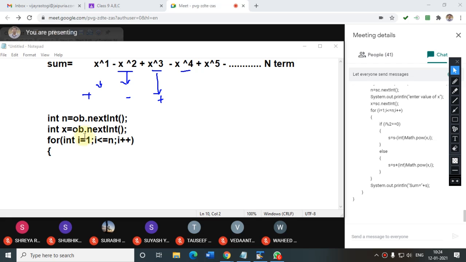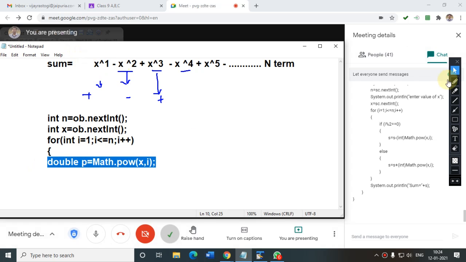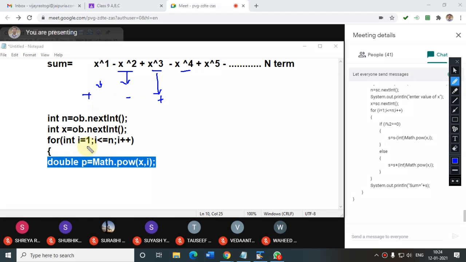Now see, if you are talking about the first term, addition is happening. So first of all, just calculate the power. For that we can use double p equals to Math.pow(x, i), where x is the input which you are taking from the user. So this term we are calculating in p, and we need to add it when the value of i is 1. i's value is starting from 1, 2, 3.